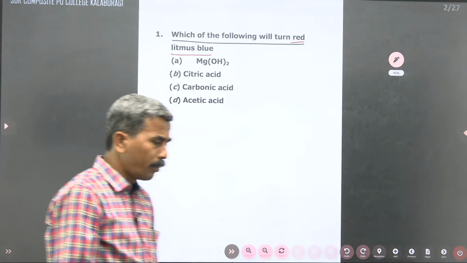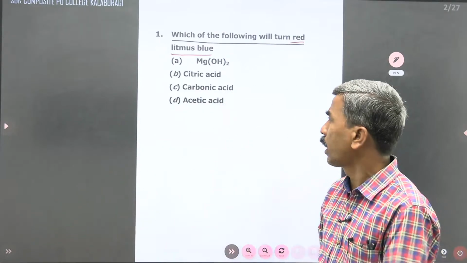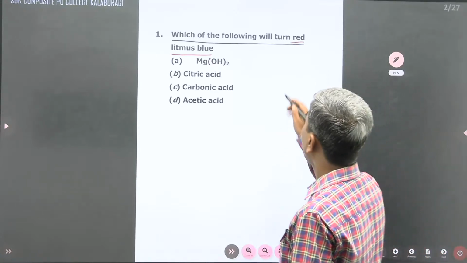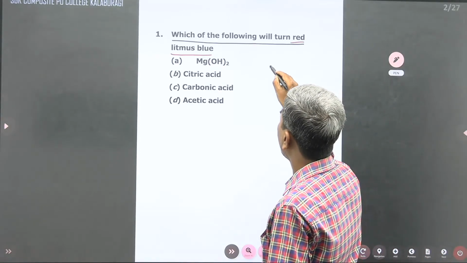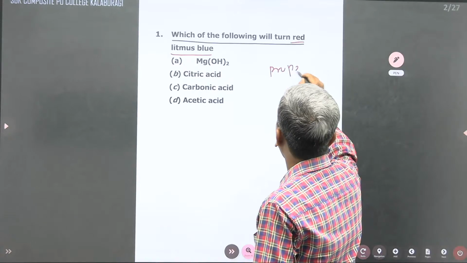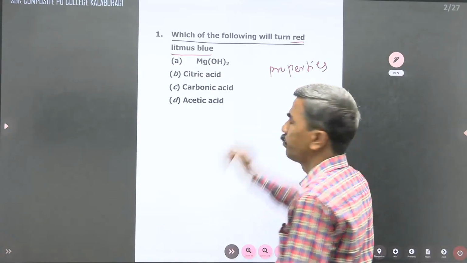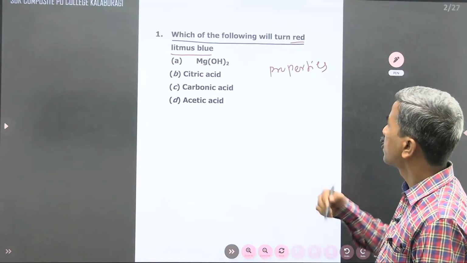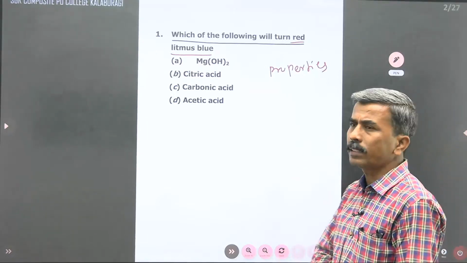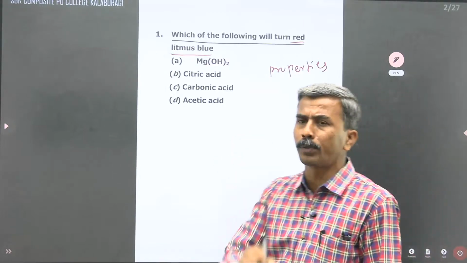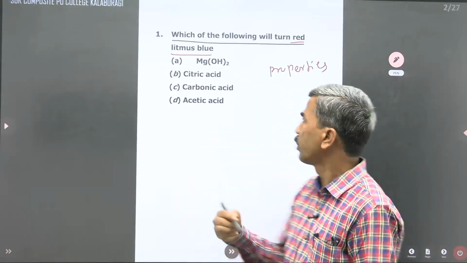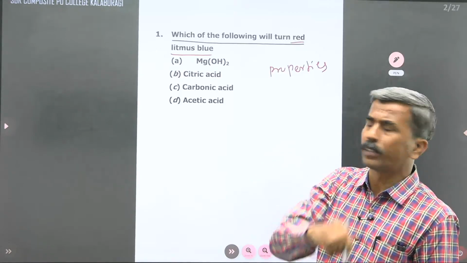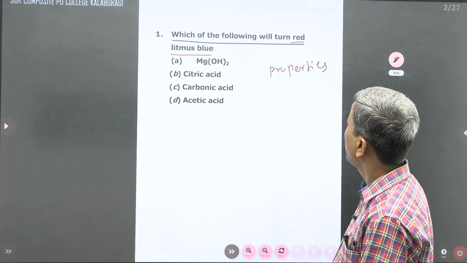Already when I was discussing acids and bases, I mentioned some common properties of acids, among them a sour taste. If the compound is acidic, then when you take a drop of solution and put it on blue litmus paper, it will turn red. And if it is basic, it is going to be the reverse.